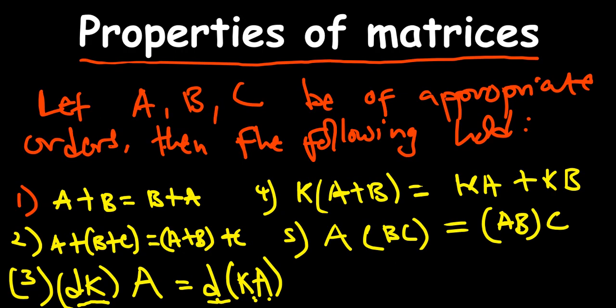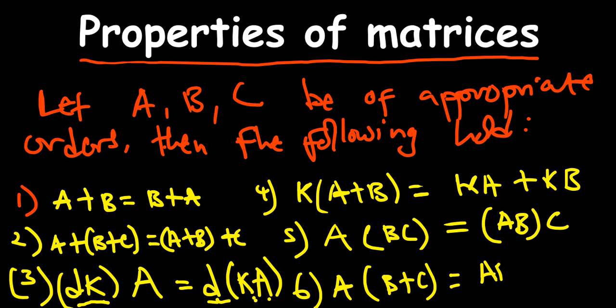And then you can also have the distributive law of a matrix over the sum of matrices. So let's say I have a and then here I have b plus c as my matrices. This is the same as a multiplied by b plus a multiplied by c. Remember, a, b and c, guys, are matrices. They are not scalars.